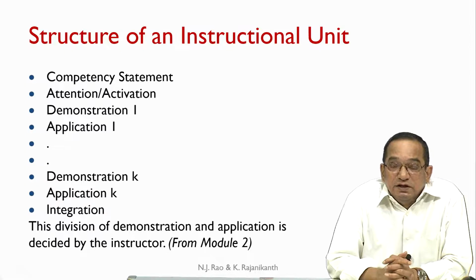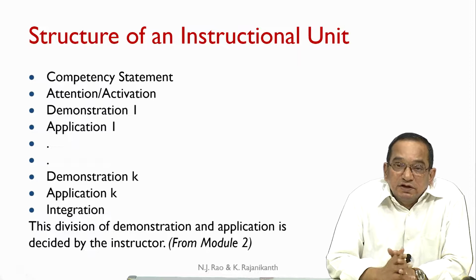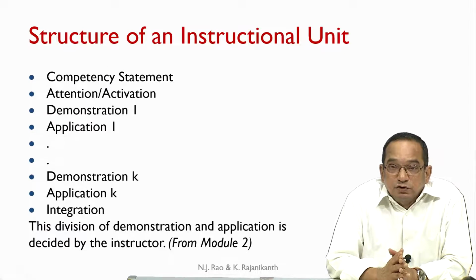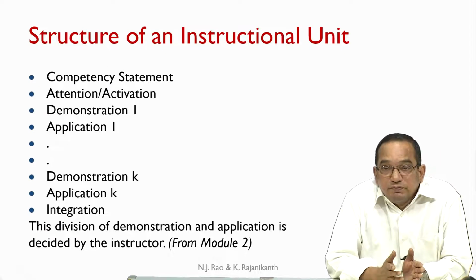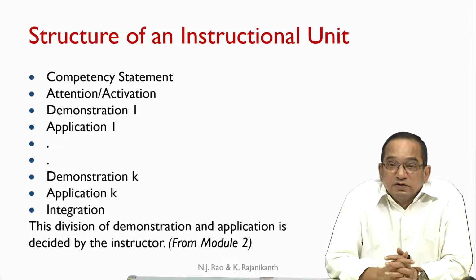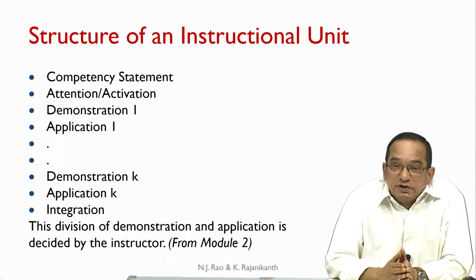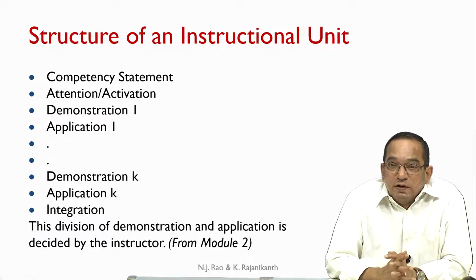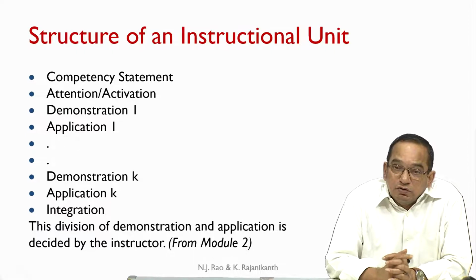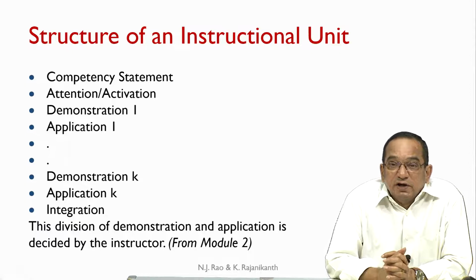And finally, the integration phase. Now, as I mentioned, the instructional unit could be associated with a course outcome, or if there is sufficient scope and complexity, it could be associated with one specific competency also. That is, the demonstration application cycle can happen at the level of a course outcome, or at the level of a competency.